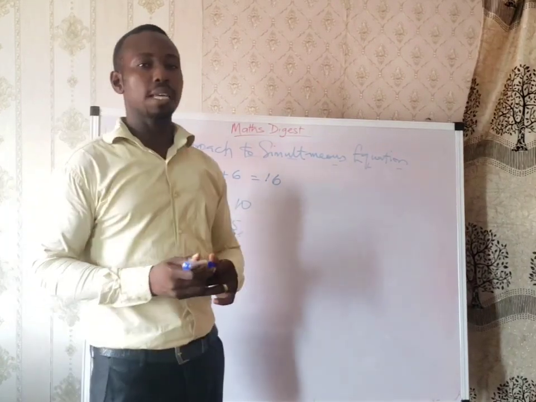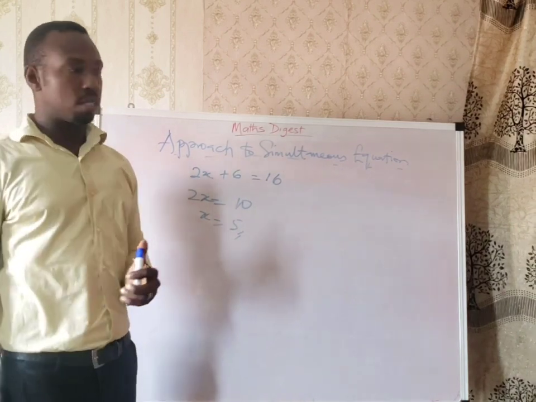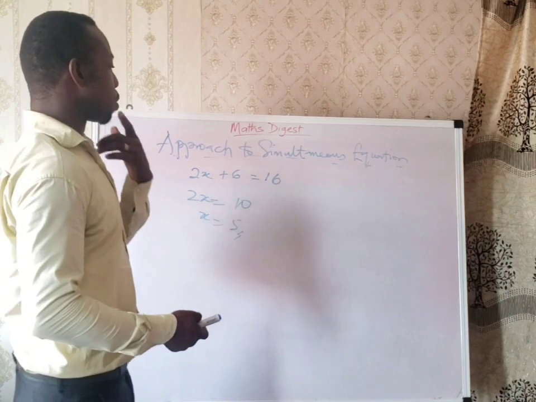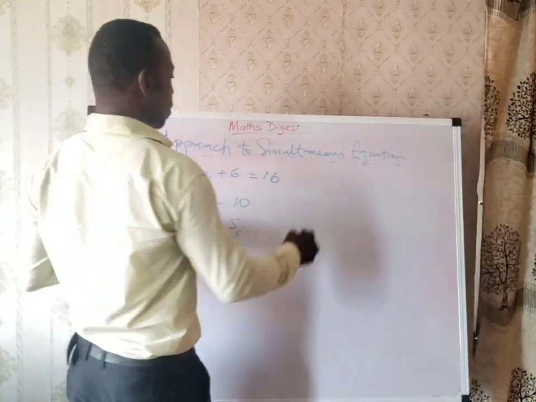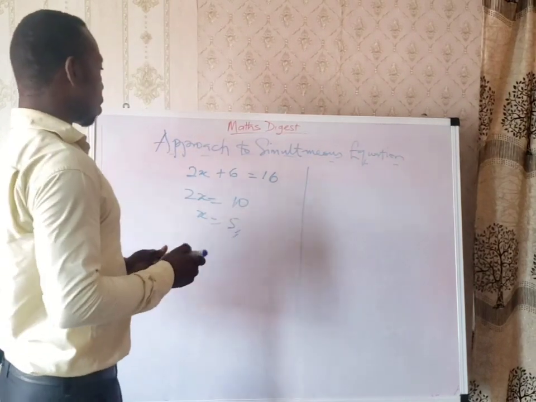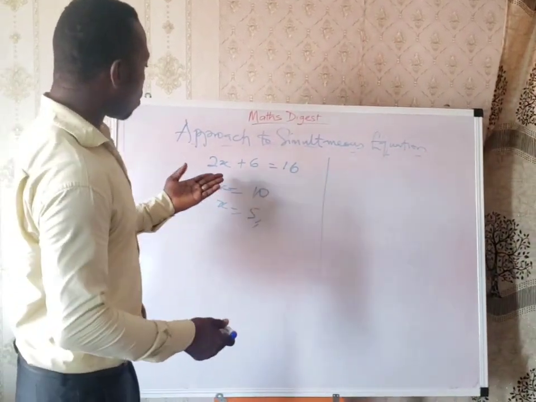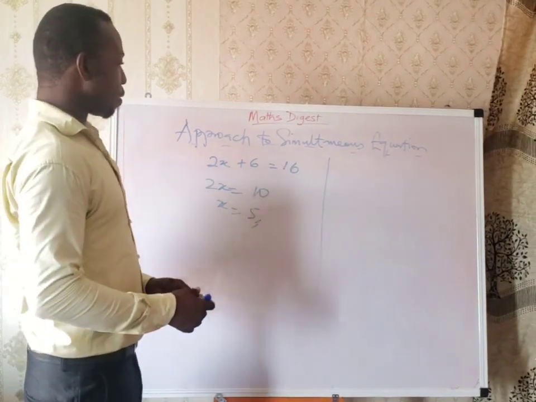Now this time around we are going to treat simultaneous linear equations, and they may take this kind of form. When you talk about simultaneous equations, you may have more than one variable to determine the value of.